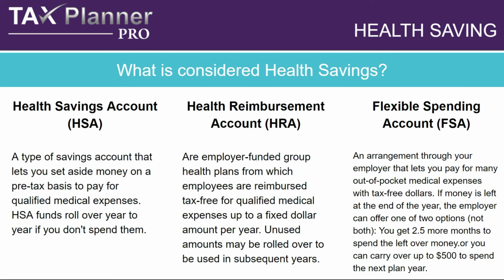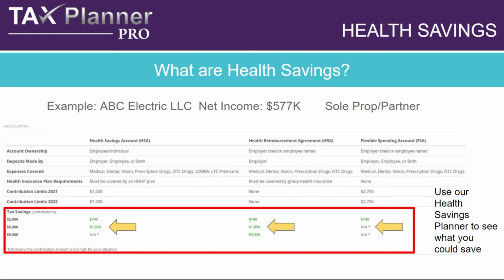in Tax Planner Pro. Here you can see an example of the planner at work. The main piece of the planner is in this red box here, these lower amounts. It's showing you what you could save if you contributed certain amounts to these accounts. And you'll notice that like the $2,000 level, this is why I think there's some overlap.